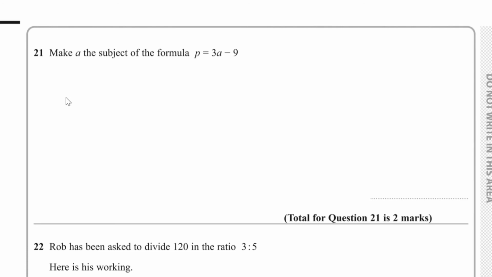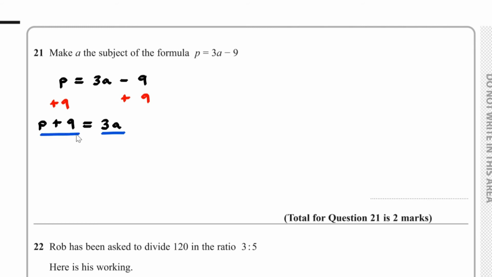Question 21, we have to make A the subject of the formula P equals 3A subtract 9. So if we have P equals 3A subtract 9, first thing we can do is add 9 to both sides. And if we do that, we have P plus 9 equals 3A.